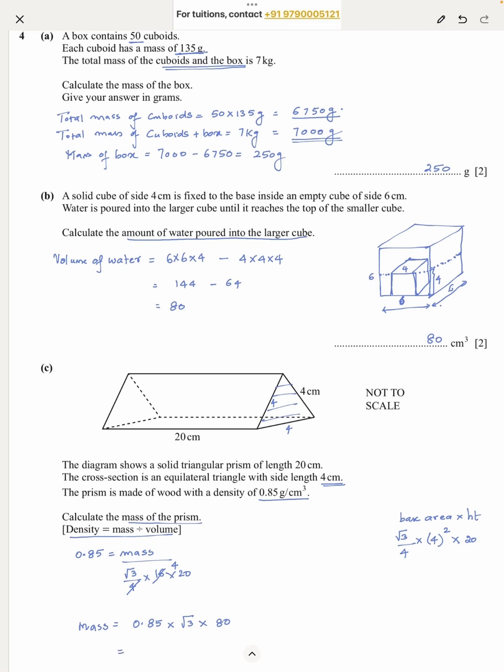So 0.85 into 80 into root 3. This is nothing but 117.8 centimeter cube. That's the unit. So this is the mass of the prism.